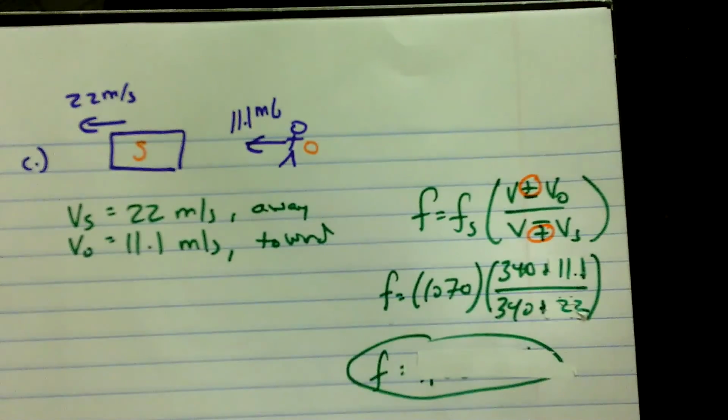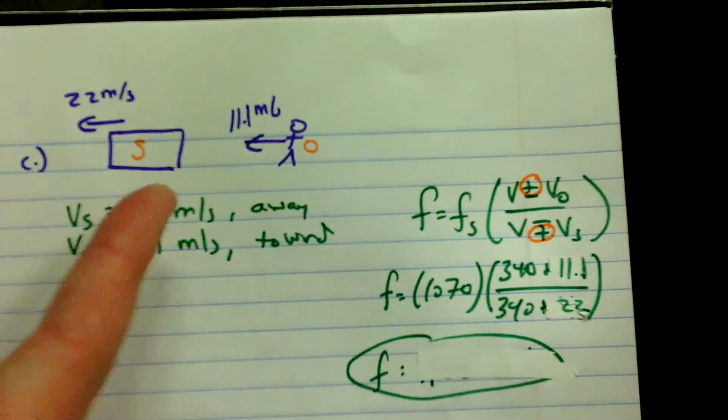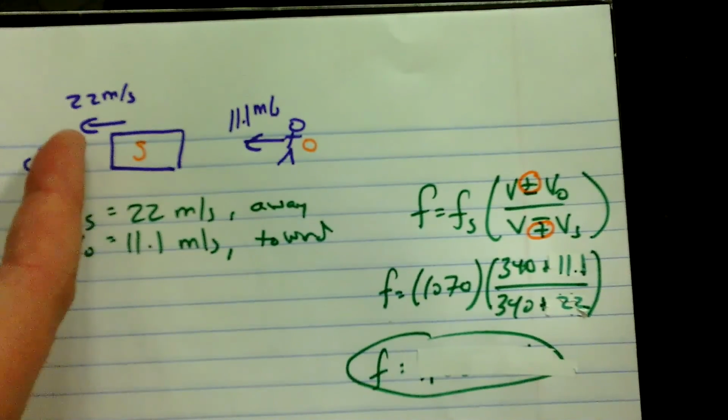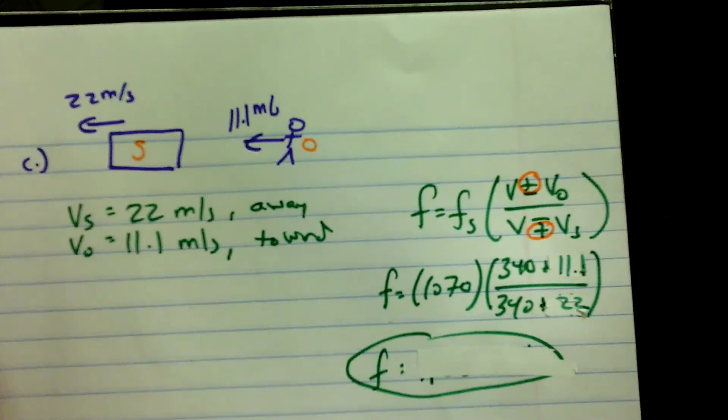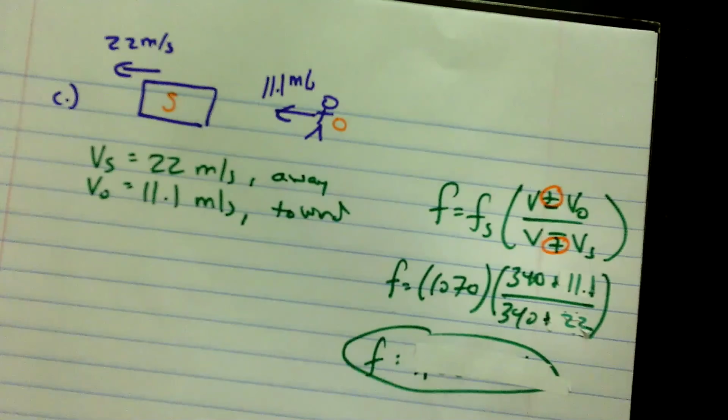And somebody said, my answer doesn't even make any sense because on average this thing's moving away from you, which means we should end up with a lower number. So what if it's 351.1 divided by 362? 1037.8.